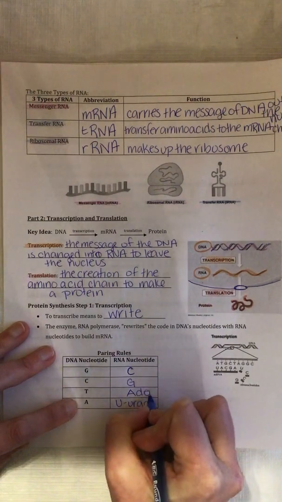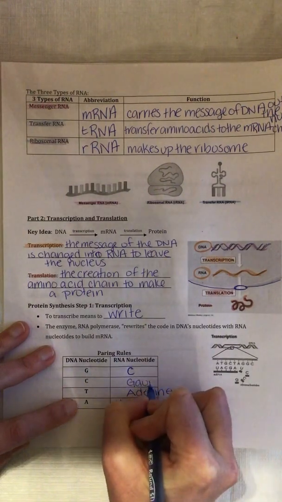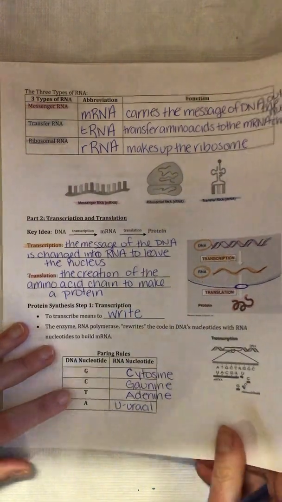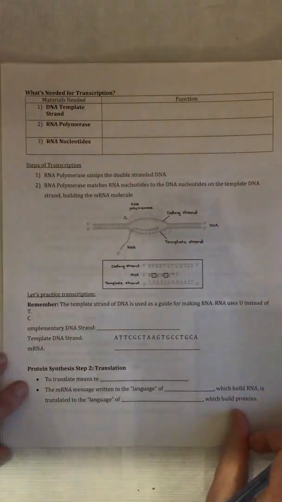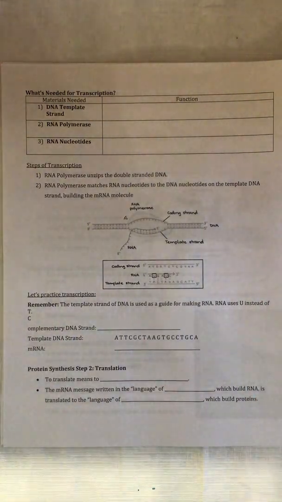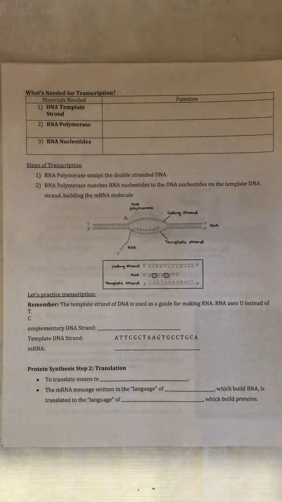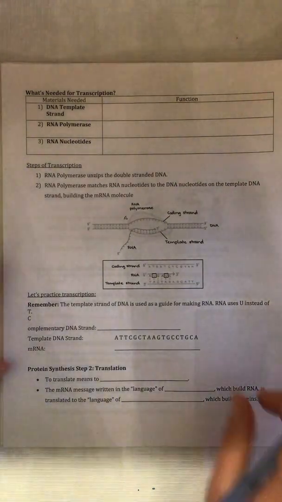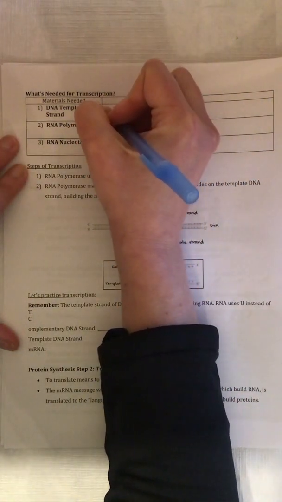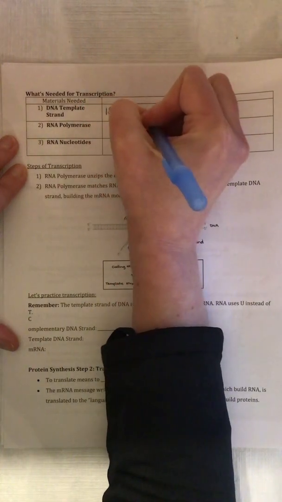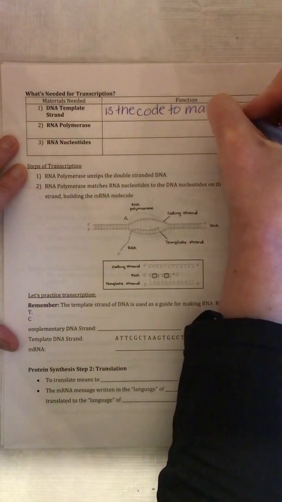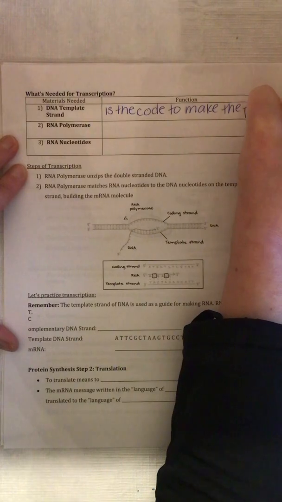Remember, this is adenine, guanine, and cytosine. All right. So to do transcription, we need a few things, all right? So we need the DNA template, the RNA polymerase, and the RNA nucleotides. So the DNA template is the code to make the protein.